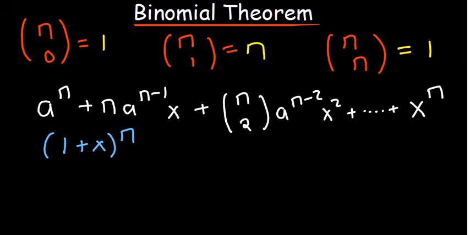But anyway, we'll talk about that a bit later, because we have to talk about certain practice questions that we might expect, things like the terms independent of x and how to deal with other things as well. So we now know what the binomial theorem is, and the easiest way to remember it, I believe you've gotten it.